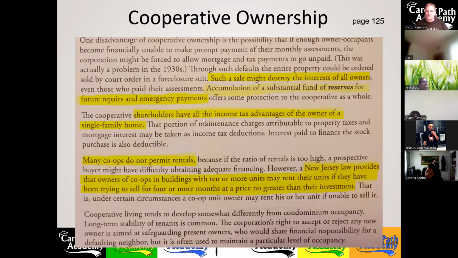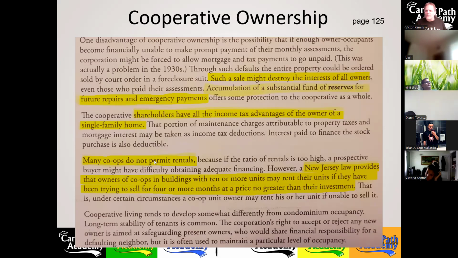Now, cooperative shareholders have all the same tax advantages of the owner of a single-family home. The portion of their maintenance charge attributable to the property tax and mortgage interest payments may be taken as tax deductions. Interest paid to finance the stock purchase is also tax deductible, for that personal loan that you took. Many co-ops do not allow rentals.